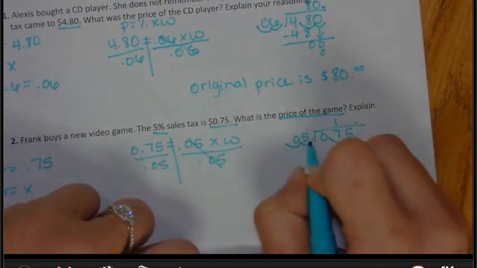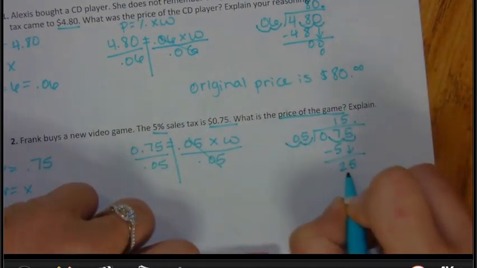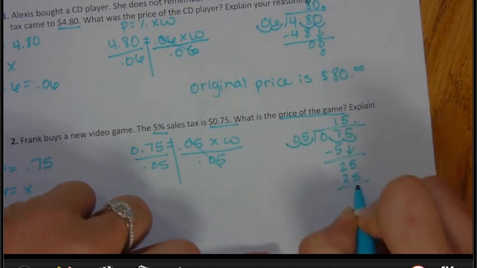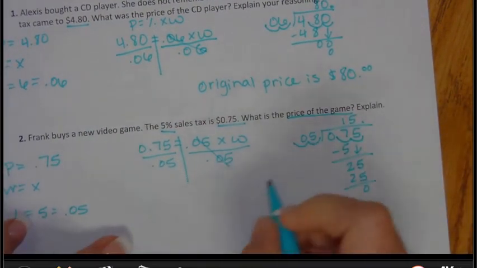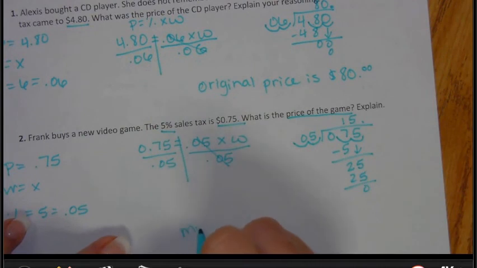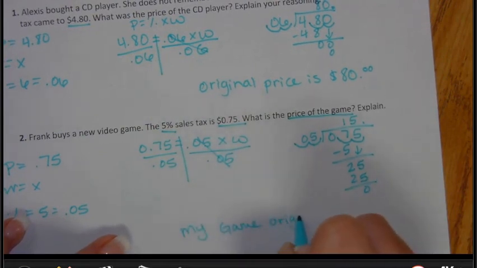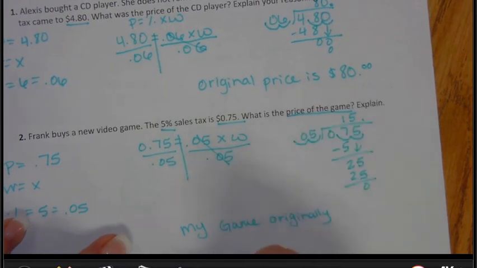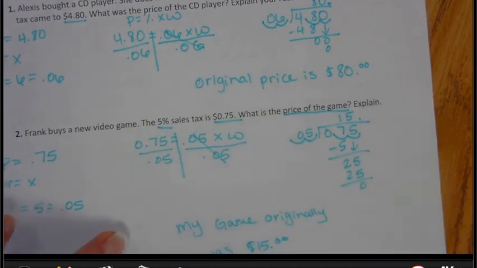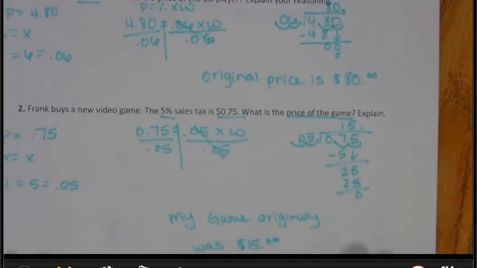Bring down the 5. Well, look, 5 can go into 25 5 times with nothing left over. So how much was my game? So my game was originally $15. It was originally $15.